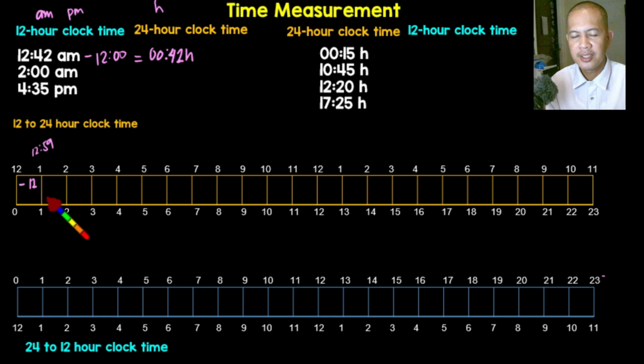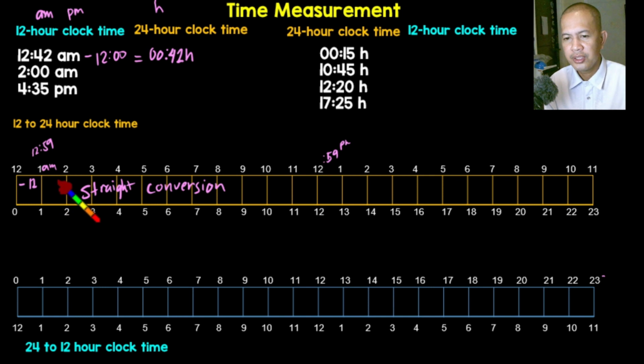The next one, from 1 a.m. to 12:59 p.m., we're going to have a straight conversion.